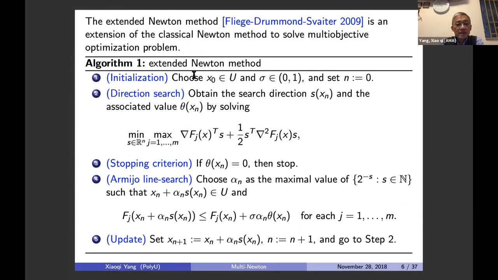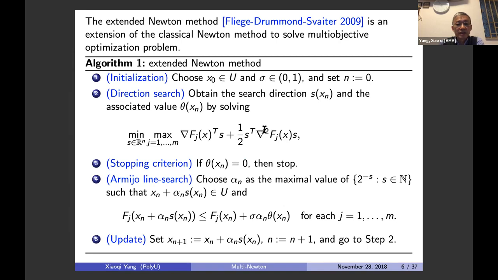Here is the Newton method scheme from Fliegen, Drummond, and Schroeder in their paper. What they are doing is finding the search direction by solving this minimax problem.